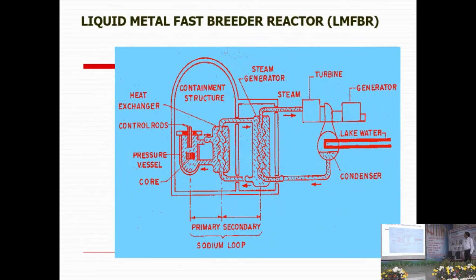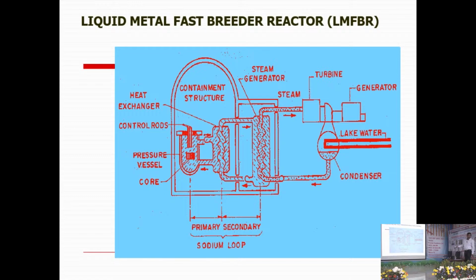The liquid metal fast breeder reactor is the concept here. This is the core, and liquid sodium is passed as the primary coolant in the primary circuit, and there is one more secondary coolant circuit. Heat exchange happens from the primary circuit to the secondary circuit. The secondary circuit is taken out of the nuclear core building.